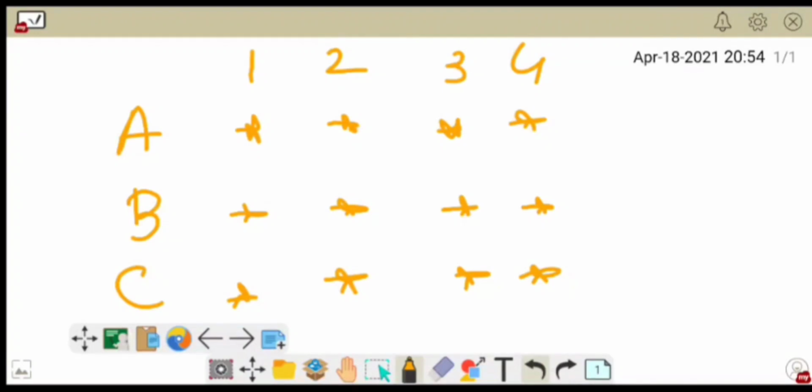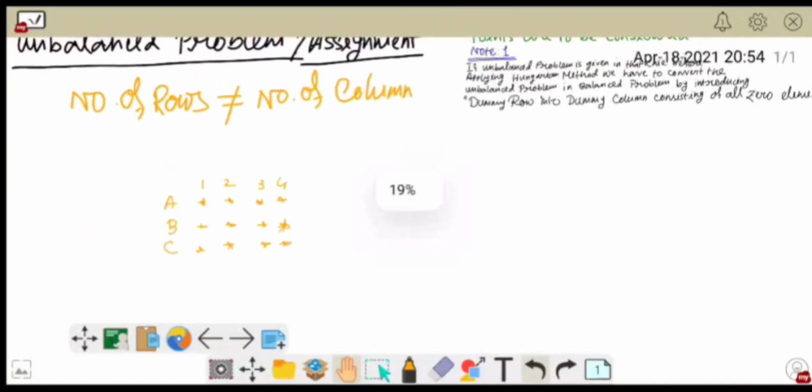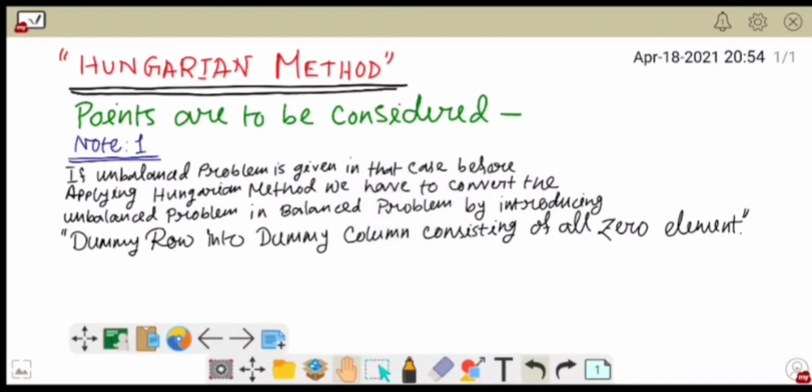According to note number 1, I should explain the real meaning of this note. If an unbalanced problem is given in the question, before applying the Hungarian method we have to convert it into a balanced problem.